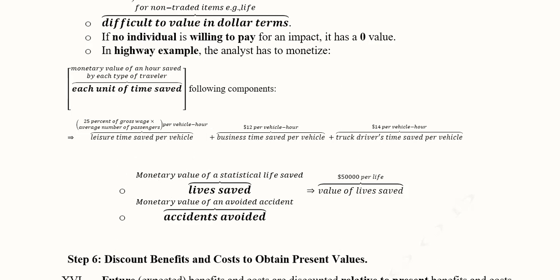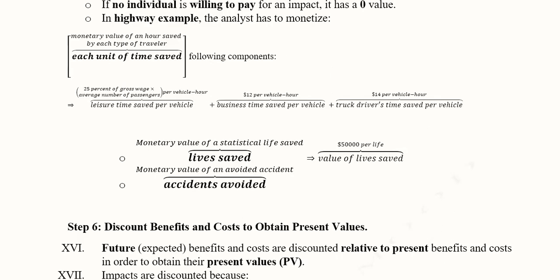Then we can also try to calculate the monetary value of the statistical life. For example, $50,000 per life. This is an estimate which is done. Basically, this is another detailed topic in which we can try to quantify lives for their monetary values. And also we can try to assess the monetary value of the accidents that are avoided due to the newer highway.